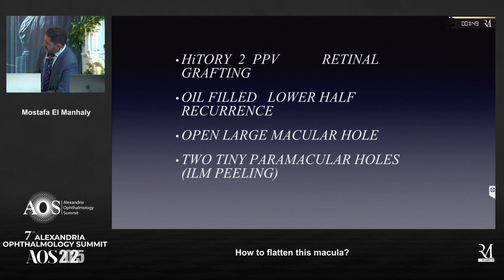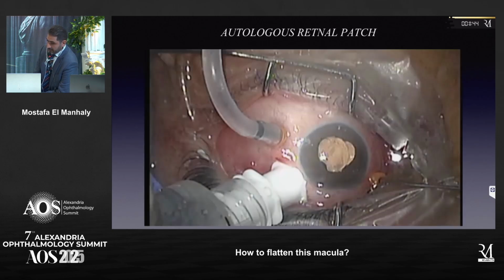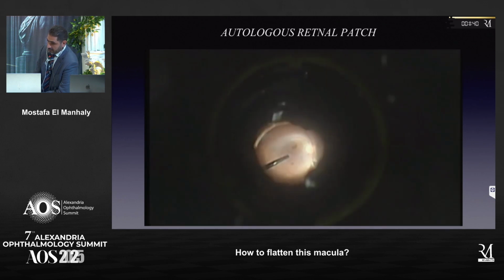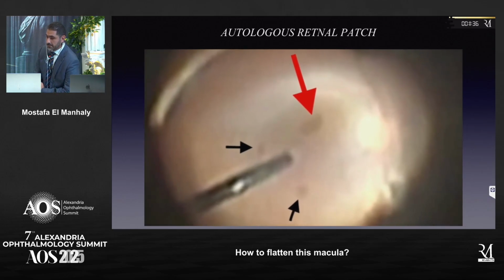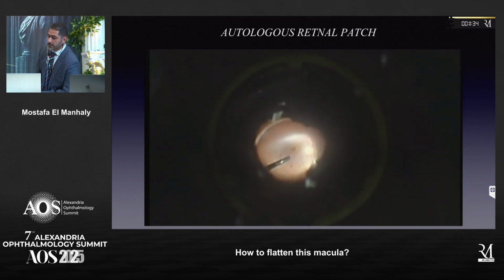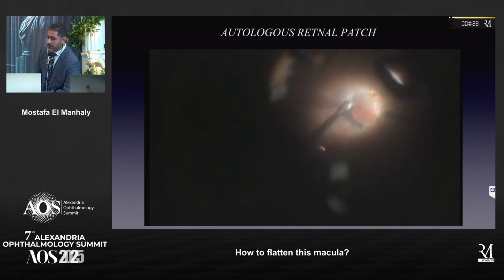The eye was oil filled with lower half recurrence, with an open large macular hole and 2 tiny paramacular holes, probably resulting during removal of epiretinal membrane in the first surgery. The macular hole is pointed to by the red arrow, the other ones by the black arrows. I started by removal of silicone oil. Then I went to the periphery.